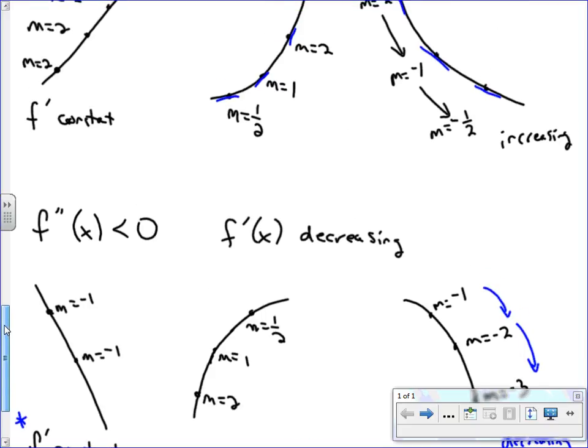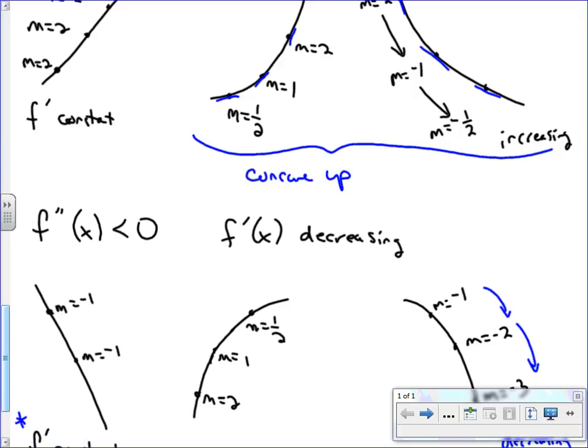Taking a look at the two things, can you think of one vocabulary phrase that describes the shape of those two? Both of those pieces are concave. Which way? Up. Concave up.